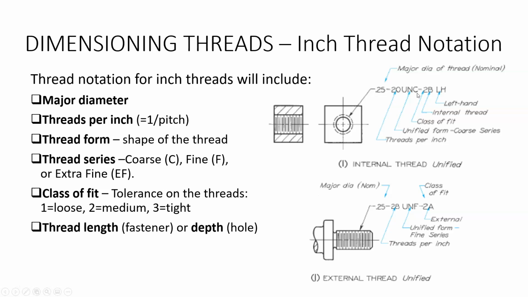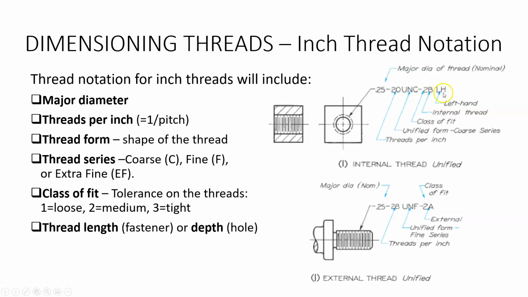C is the coarse series, the thread series, and then dash 2B, where 2 represents the class of fit, and B is internal or external thread. B stands for an internal thread, that is a threaded hole. A, if you look down here, represents an external thread, or a screw or bolt or fastener of some type.